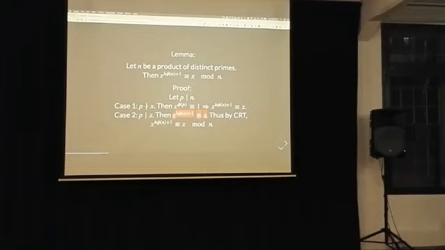So this congruence is true for every single prime divisor of n, and by the Chinese remainder theorem, it is also true for a product of distinct primes n. So we just proved the correctness of the RSA crypto system. That tells us nothing about its security, but it's one step out of a million.